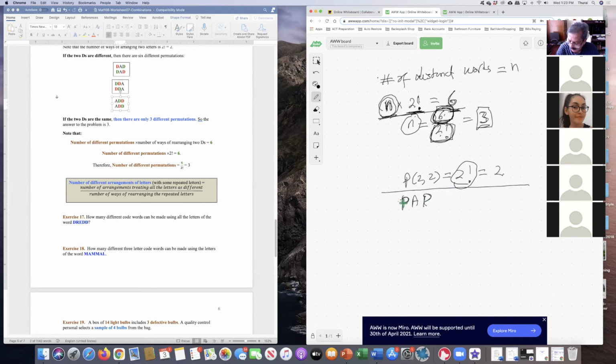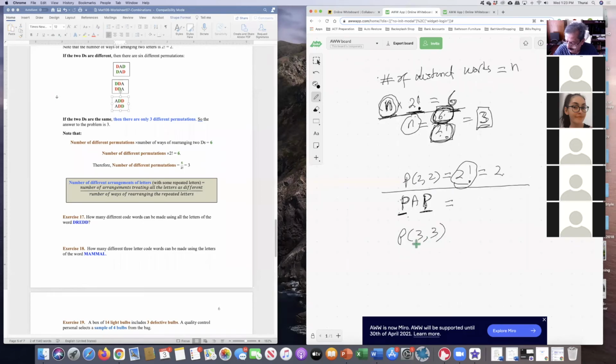If this is the word given to you, and they ask you how many distinct words can be made by rearranging the letters of this word, then you first find the number of words you get by assuming the 2 P's are actually different, and that'll give you factorial 3, because there are 3 things being rearranged.